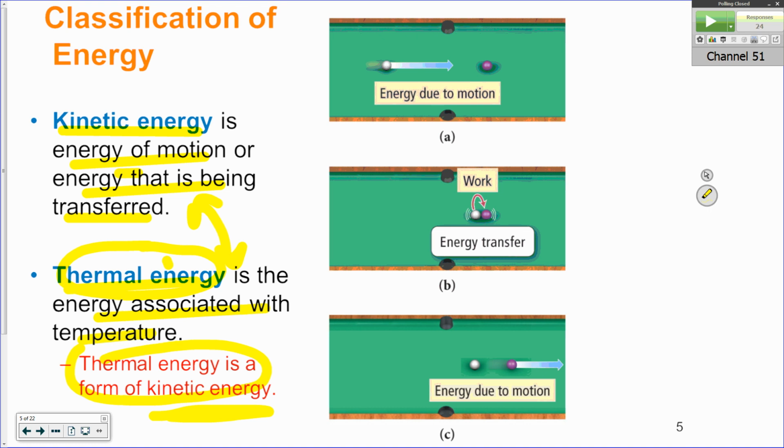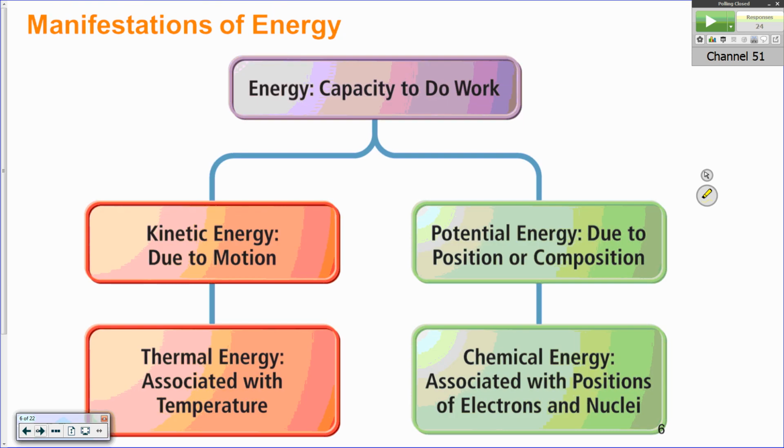And we can think of playing pool again. This is the analogy that's in your textbook. You can have energy that's due to motion, kinetic energy. We can have energy transfer. Two balls collide. That's where you're doing work. One object is transferring a force to another one, and then that energy can be expended into more kinetic energy or heat in this system.